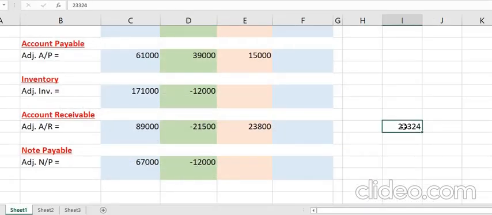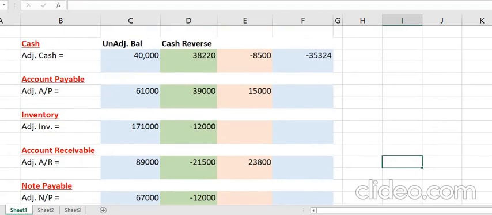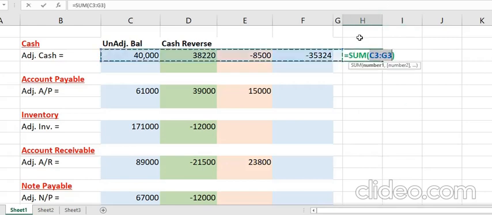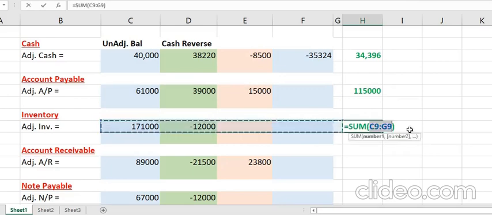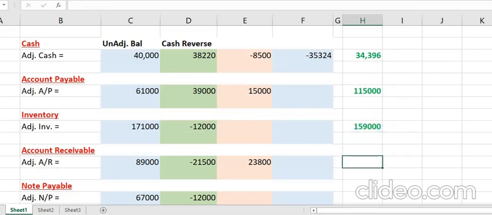Is it okay? So these are all the adjustments needed in the balances. If I want to know the adjusted balance, I can individually calculate the sum of it, and the minus signs will be adjusted accordingly.